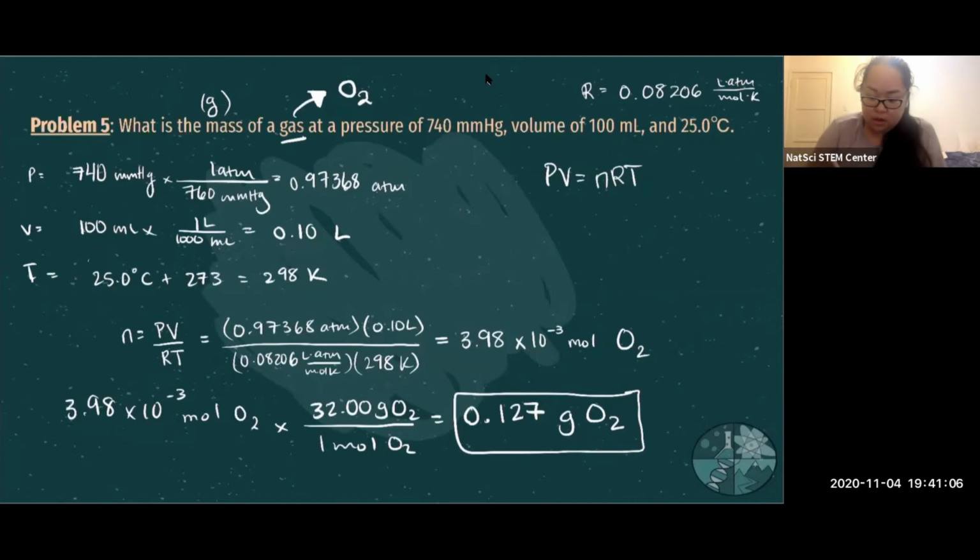Measure analysis. So first, pressure, I got 0.97368, volume, 0.10 liters, temp, 298. I rearranged PV equals nRT to n equals PV over RT.